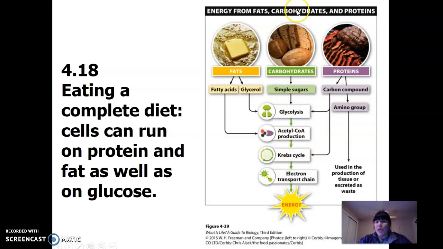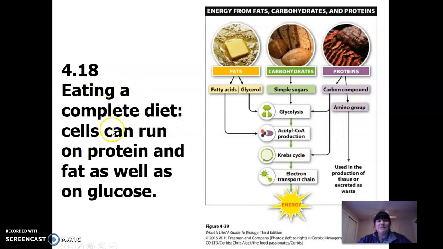But if we don't have the carbohydrates, fats can be broken down. Remember, fats are carbon, hydrogen, and oxygen also. They're fatty acids, and they can be made into intermediates that then can go into the Krebs cycle to release ATP. Or proteins can also be made into amino acids, and then they can go in and release ATP.